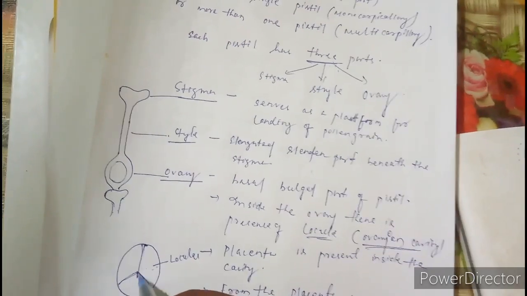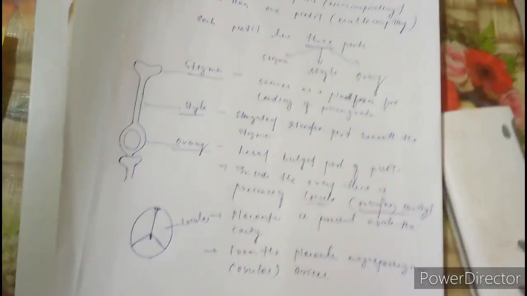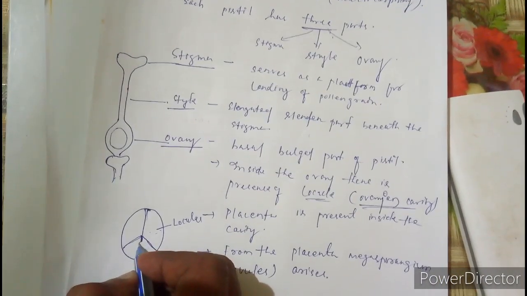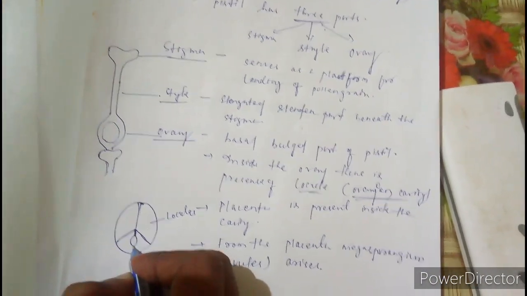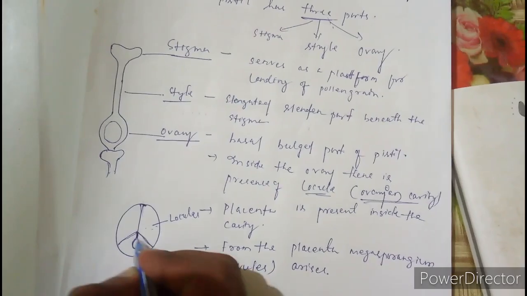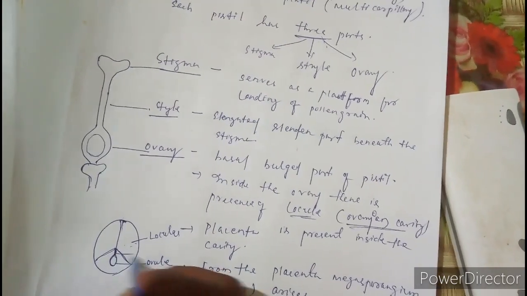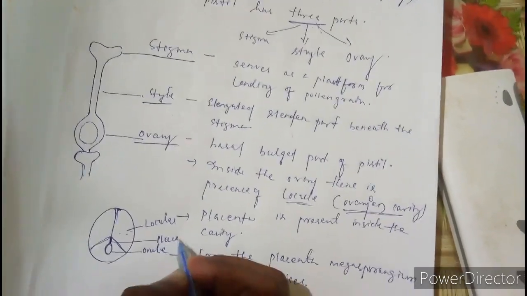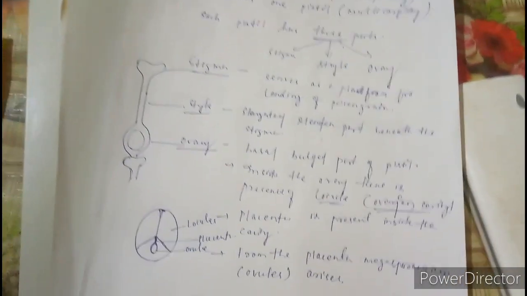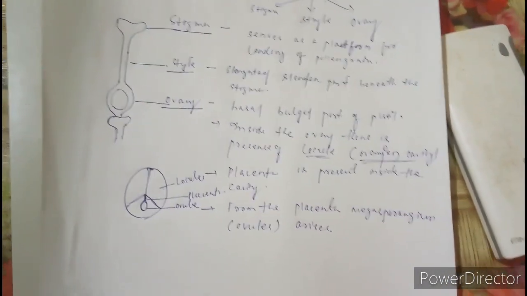Inside the locules, the structure that connects the locule to the seed or ovule is called the placenta. Placenta is the connection link between ovule and the locule.